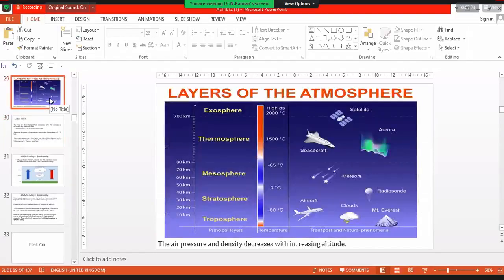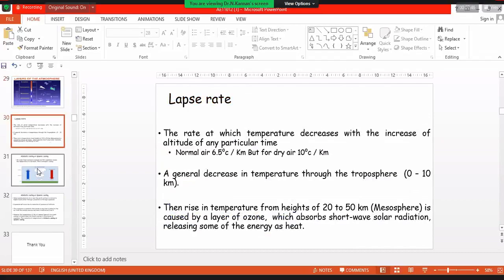But here, if you have a look at it, this atmospheric layer, we can take the troposphere. There are different layers available, but this scenario is specific for a particular layer. So we will discuss that one later, right? So this is lapse rate.